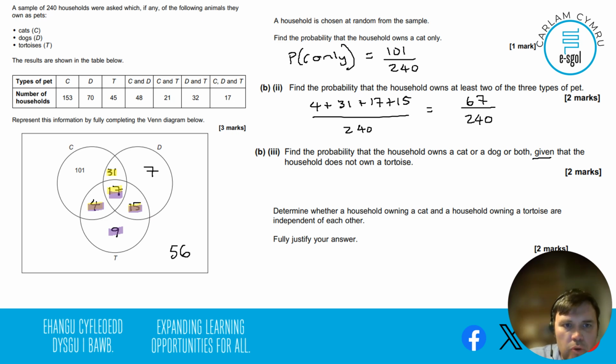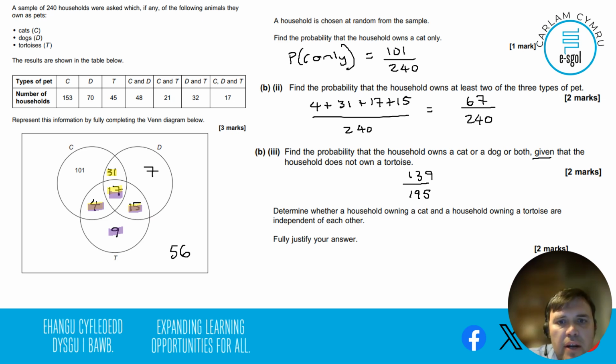So if we were to remove 9, 15, 17, and 4, we would get an answer of 195. And then we would add up 101, 31, and 7 to give us an answer of 139.